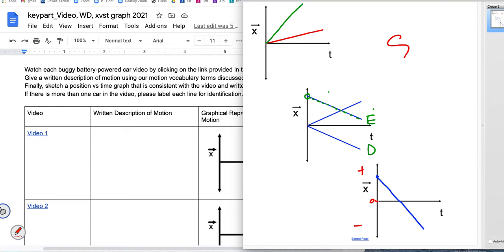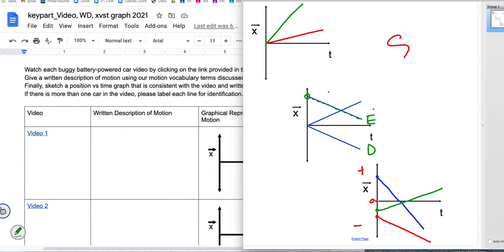Could an object start in a negative position? You bet. And if it moved in a negative direction, it might look like this. Or how about an object that starts in a negative position and moves in a positive direction at a constant speed?